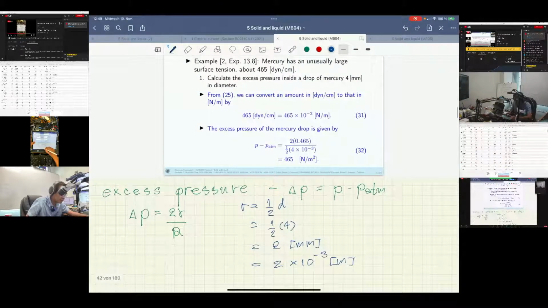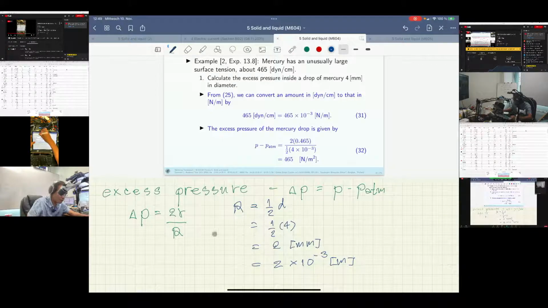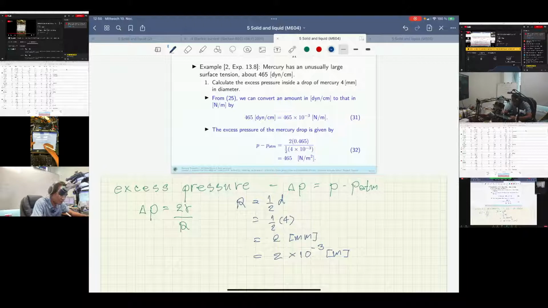The next one, sorry, this is capital R, so that we would not get confused with the gamma expression, right? Gamma is what they have provided, which is 465, right? Gamma is 465, and that's in the unit dyne per centimeter, right?